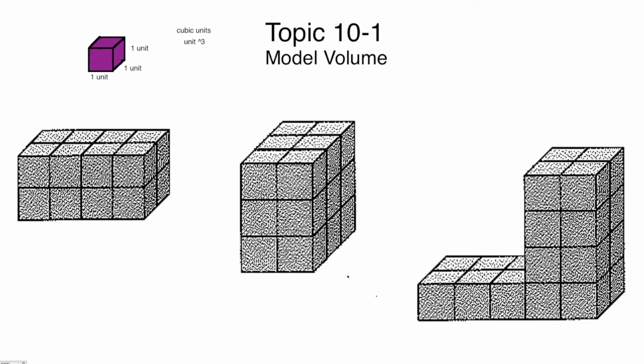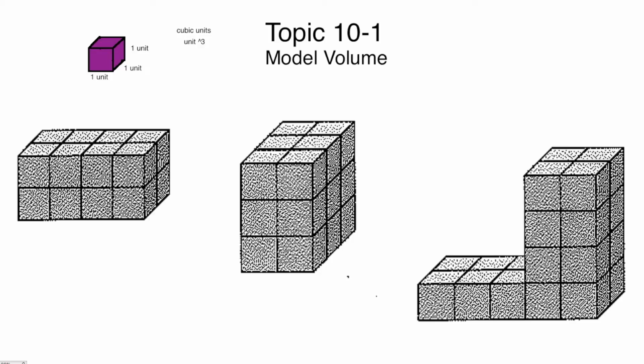Okay, so there's 2 ways you can go about it. You can just count the blocks. So we have 2, 4, 6, 8, 10, 12, 14, 16. Or you can count the number of units on the bottom, 1, 2, 3, 4, and it's by 2. 1, 2, so 4 times 2 is 8, and then how many units high is it? 1, 2.